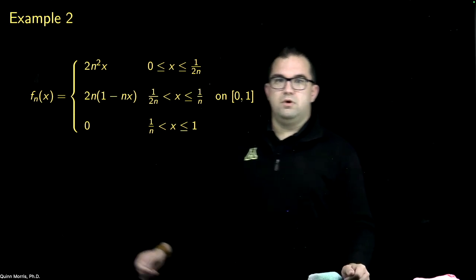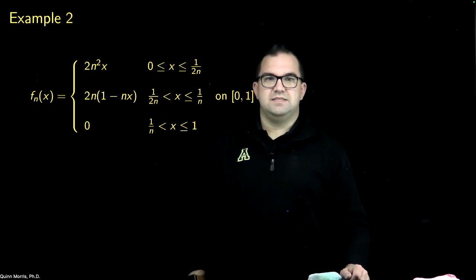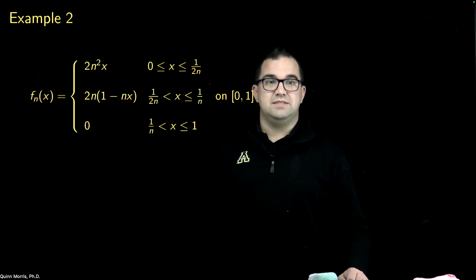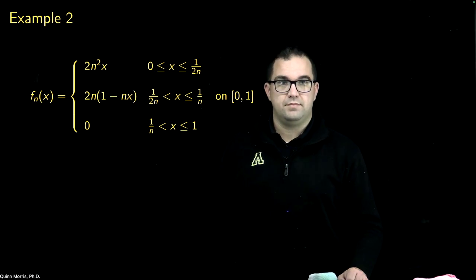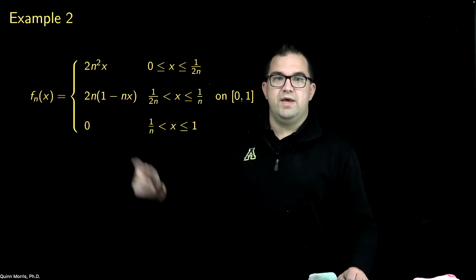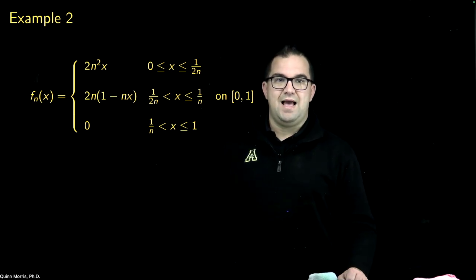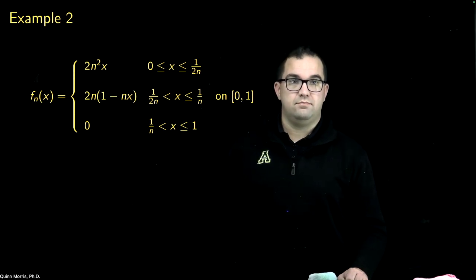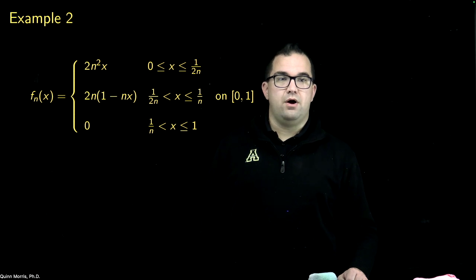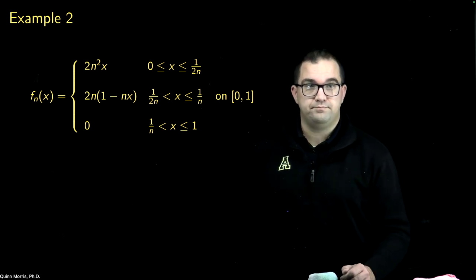So f sub n of x is equal to 2n squared x if x is between 0 and 1 over 2n. It's equal to 2n times (1 minus nx) when x is between 1 over 2n and 1 over n. And it's defined to be 0 when 1 over n is less than x less than or equal to 1.